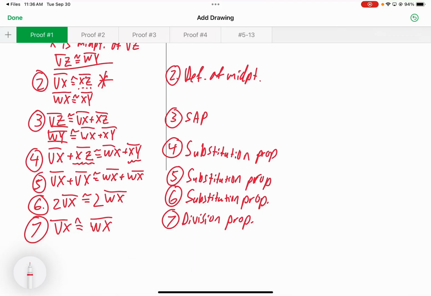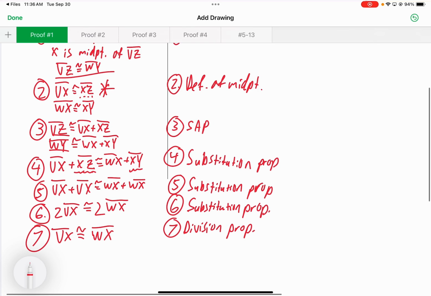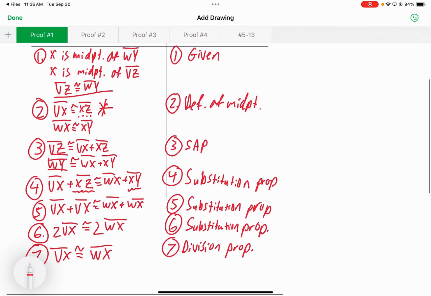What'd you say, Parker? For step 4, we have Vx plus xz. Yep, I'm looking at it. It says, was it step 2? We're substituting it in for step 1. So like, this represents the 2 big segments, Parker.